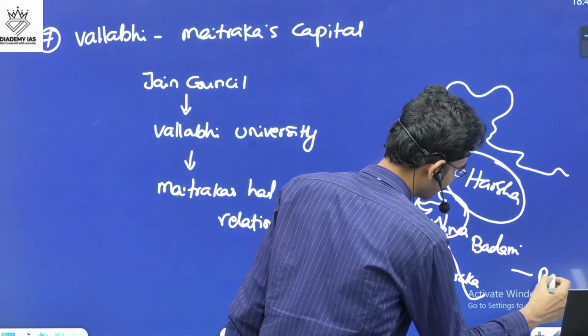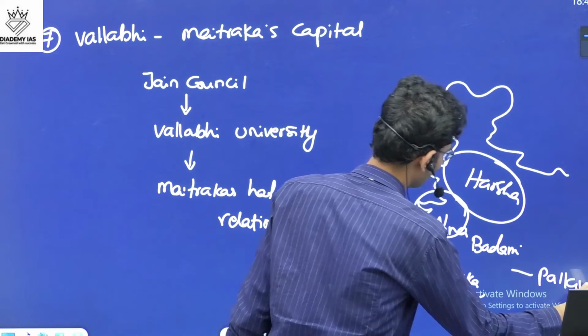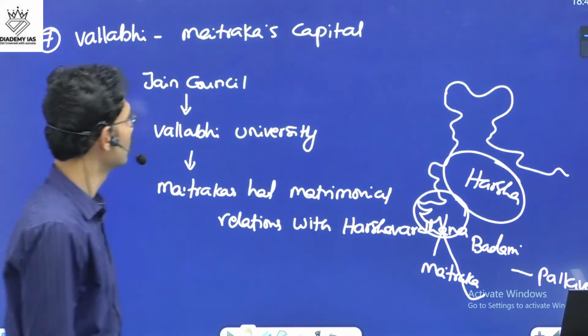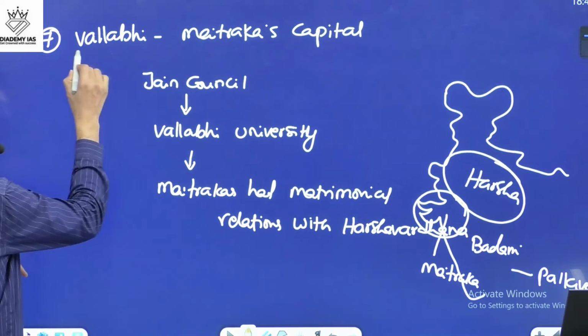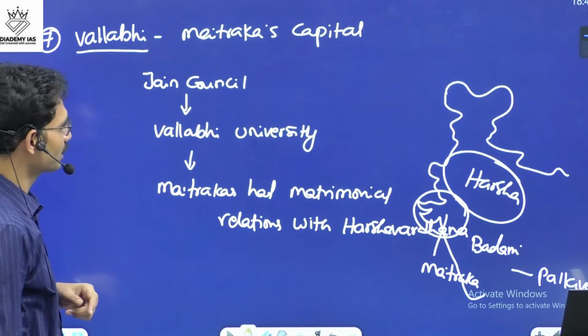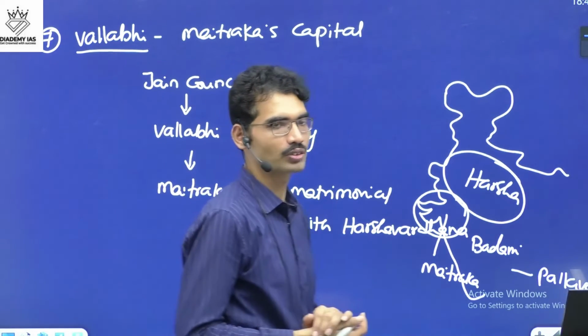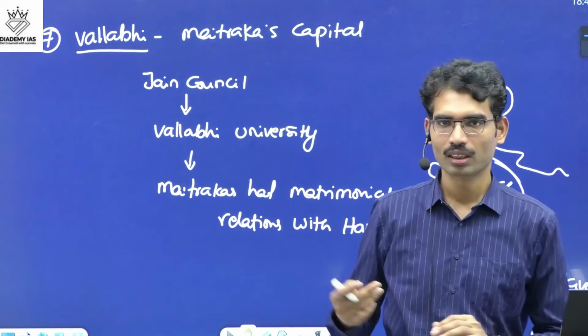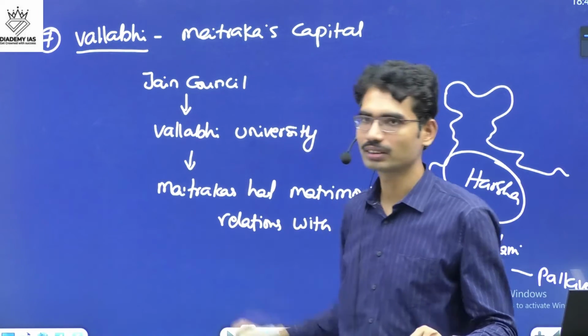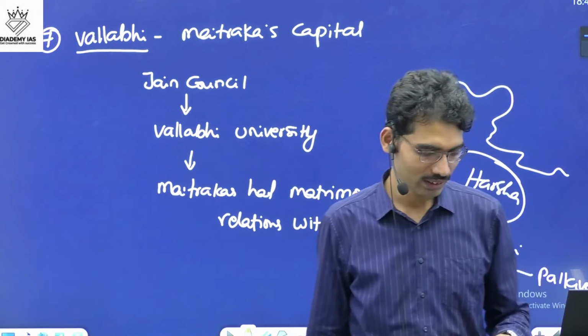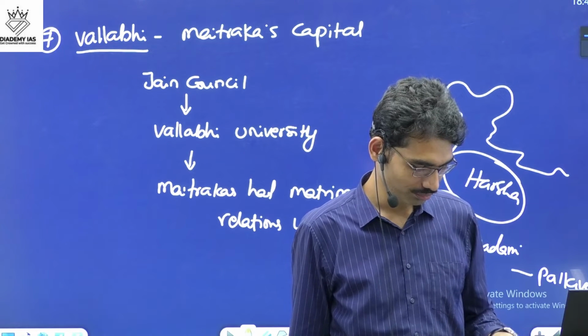Badami Chalukyas, Pallavas. So this was the context. During this time period, Vallabhi was a famous center of education. Second Jain Council was also held here. Important Jaina texts were also compiled during this time period in this location.